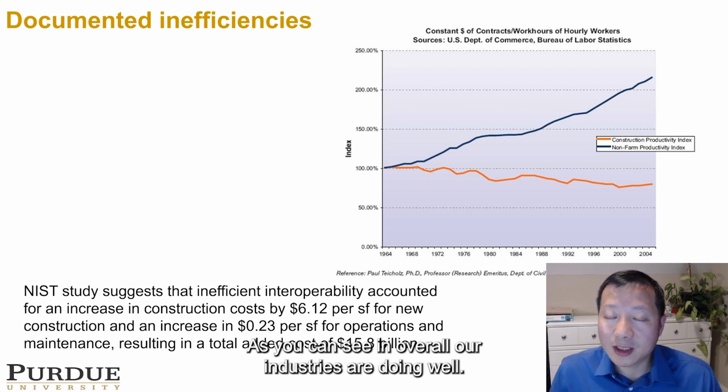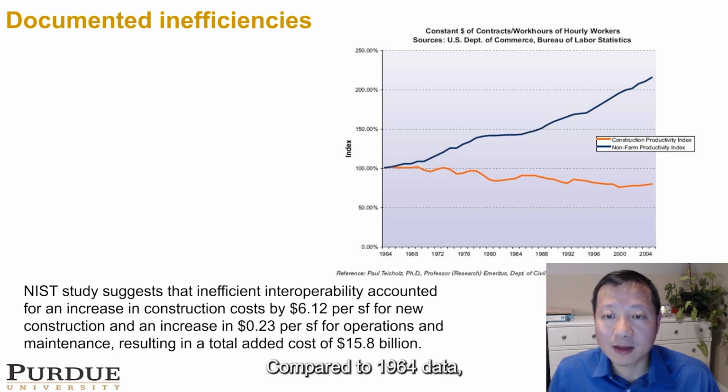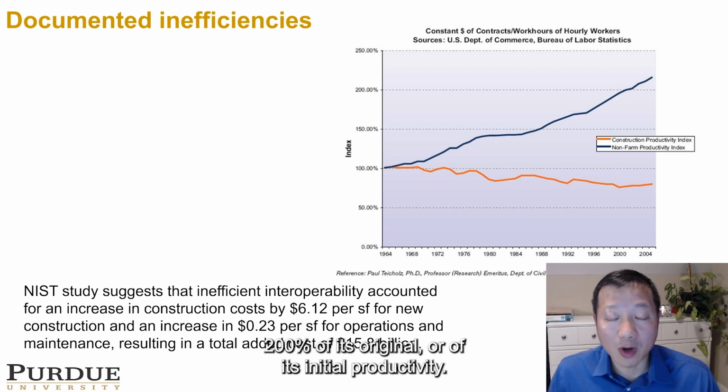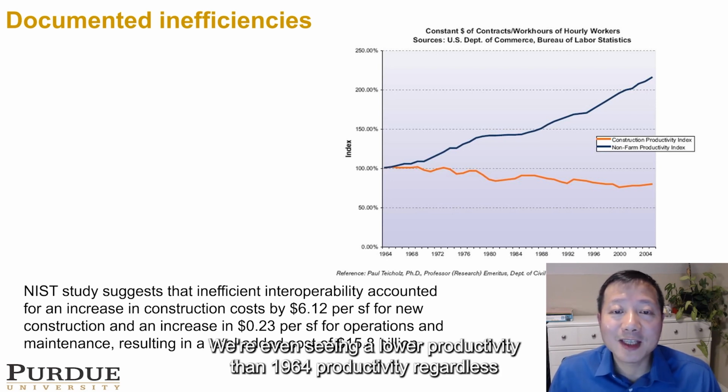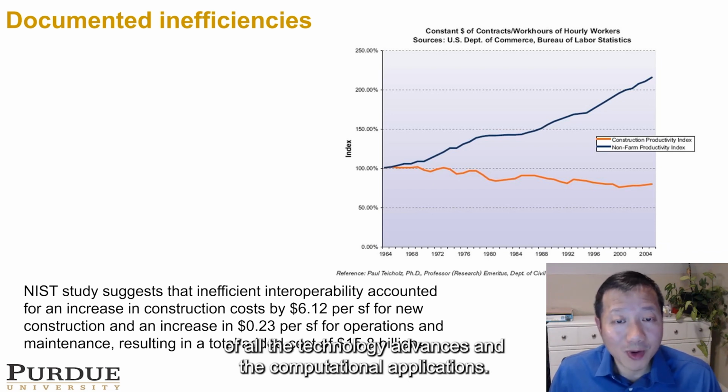As you can see, overall, our industries are doing well. Compared to 1964 data, the average productivity has increased to over 200% of its initial productivity. However, if you look at the construction industry, we are lagging behind. We're even seeing a lower productivity than 1964 productivity, regardless of all the technology advances and the computational applications.